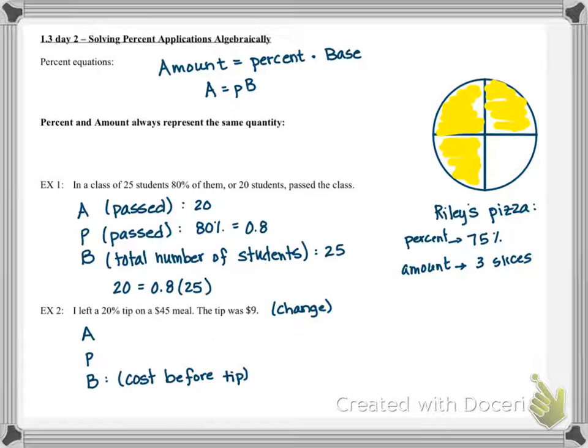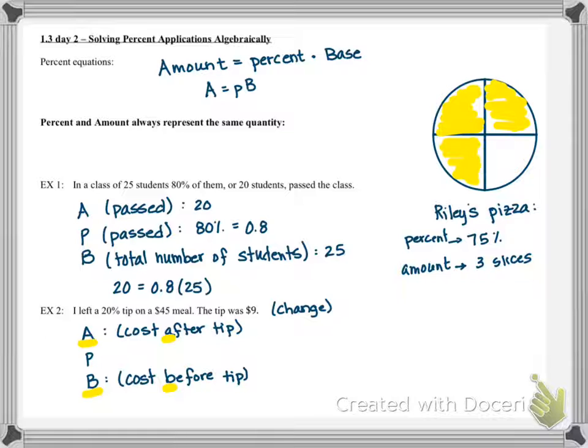And this is easy to remember because before starts with B. And then A is going to represent the cost after the change. And again, after starts with A, so it's kind of nice that these correspond like that. Amount is after, base is before.